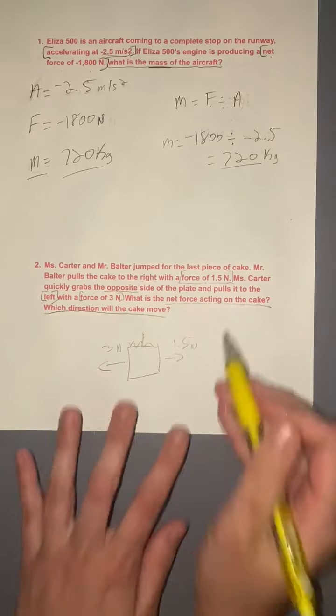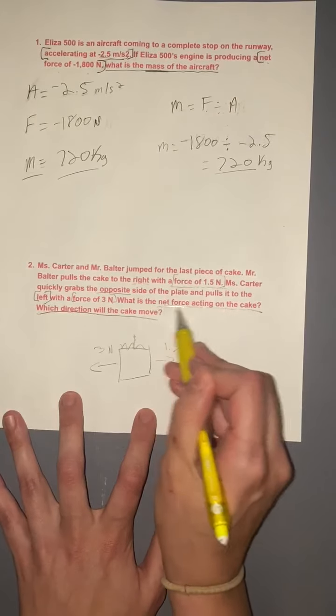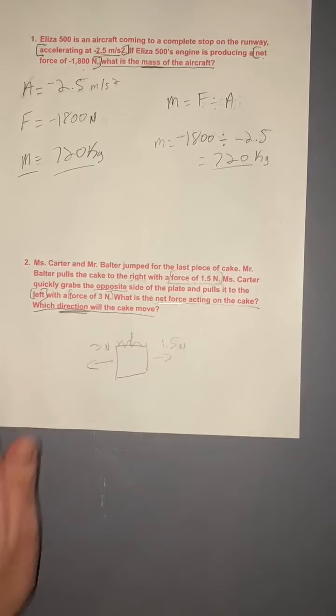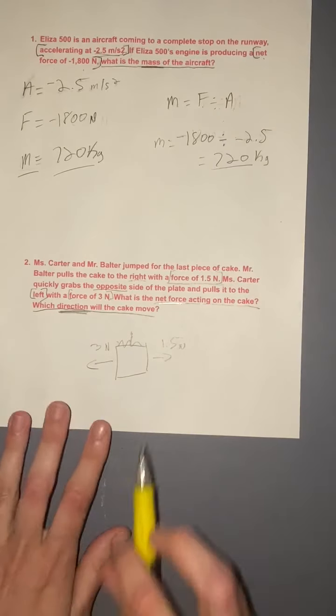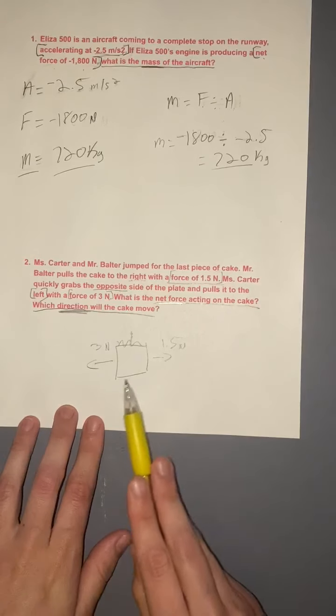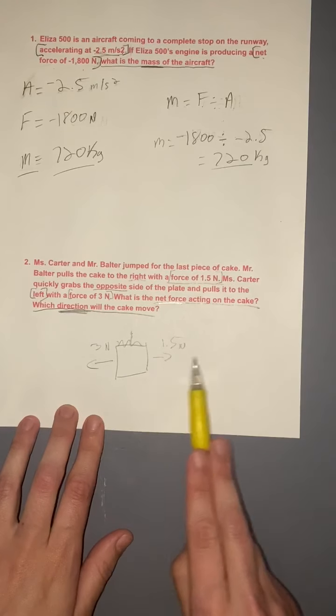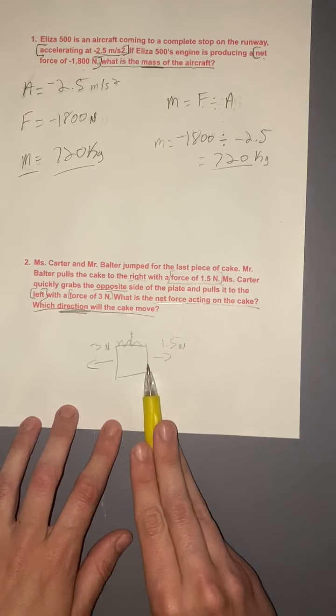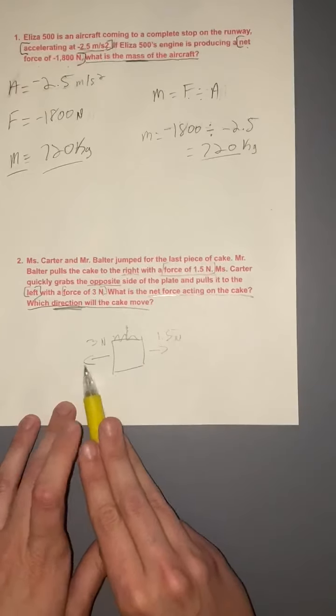So we need to determine the net force acting on the cake, as well as which direction the cake will move. So we need to know if we are adding or subtracting our forces. Are our forces going in the same direction? Nope. So we're not going to add them. Are our forces going in opposite directions? Yes.